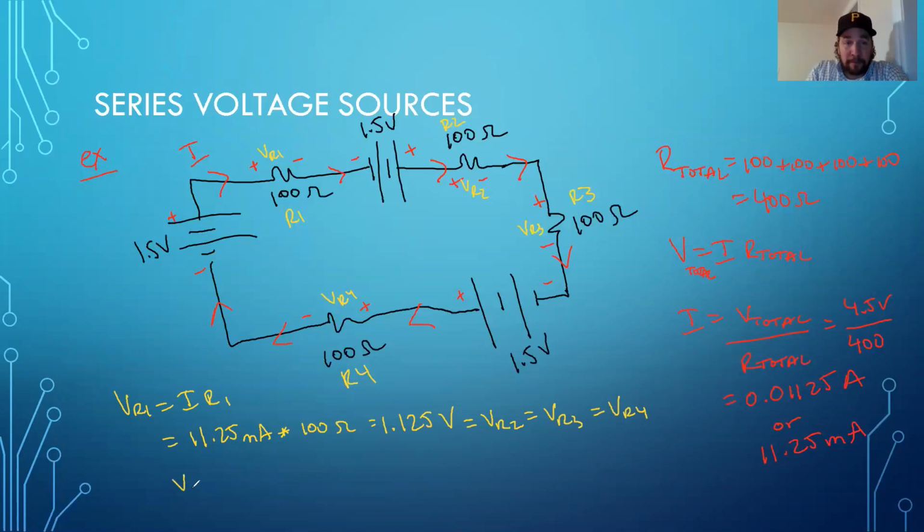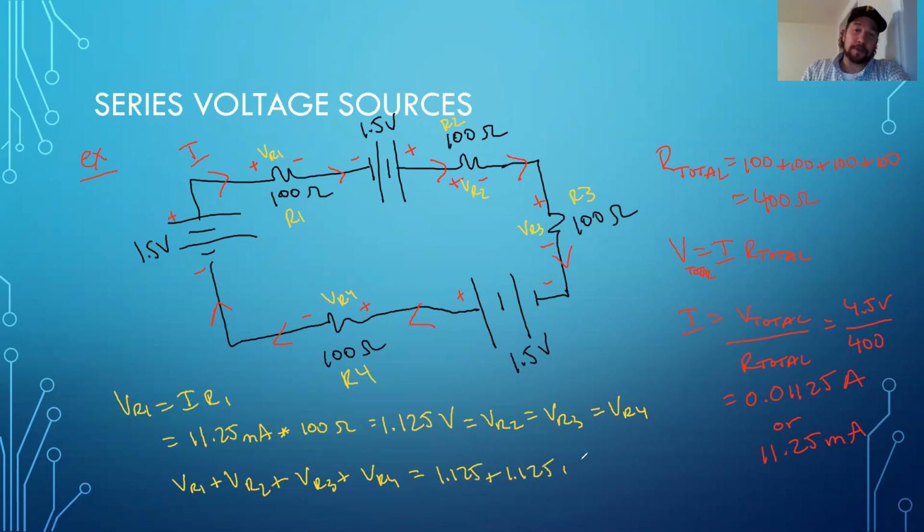And so when we add up VR1 plus VR2 plus VR3 plus VR4, we get 1.125 plus 1.125 plus 1.125 plus 1.125, and that equals 4.5 volts, which is the same thing as our total voltage because of the 4 power supplies.